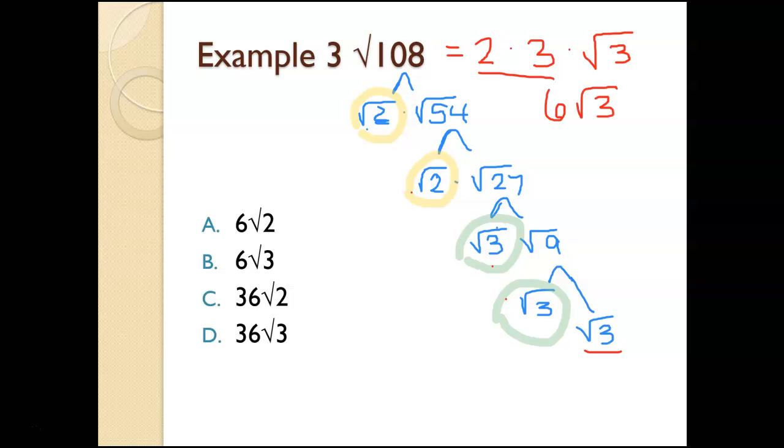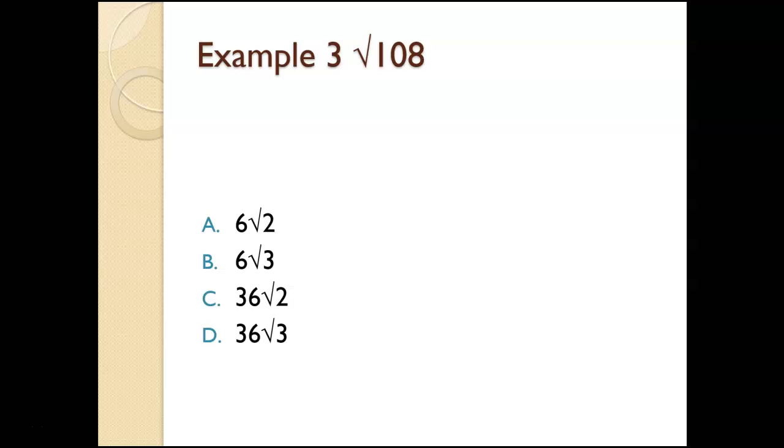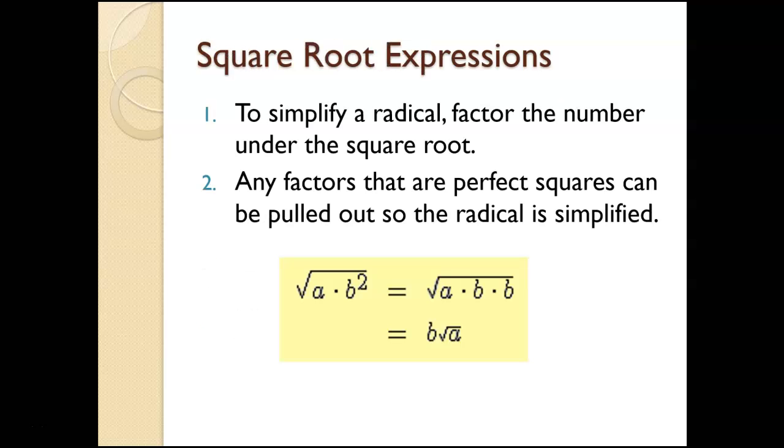So you got 6 square roots of 3, which was option B. So again, square roots are all those numbers worked out. We are always looking for doubles.